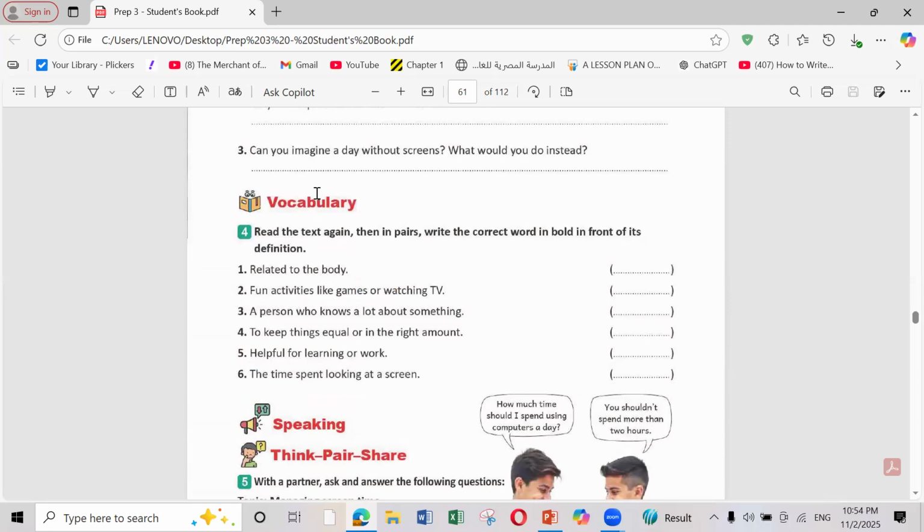Now, when we look at this exercise, the second exercise is about vocabulary. Read the text again, then in pairs. I don't want you in pairs because we are online now, so you can answer it yourself. The first one, here, I want you to write the correct word in bold in front of its definition. You have the books in front of you.